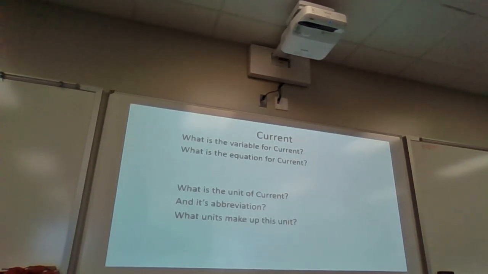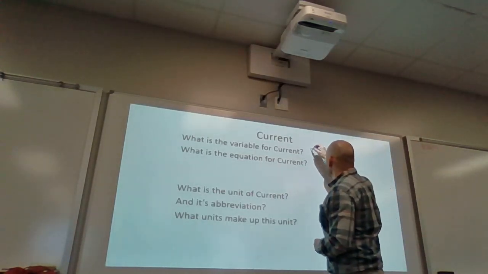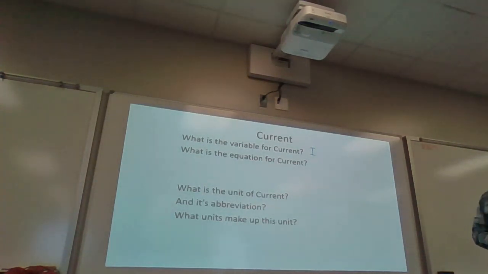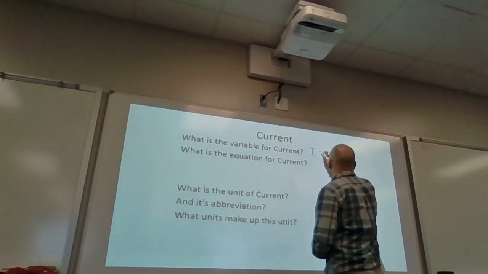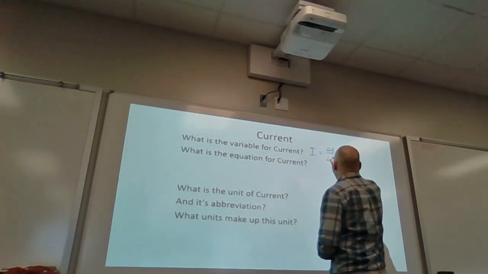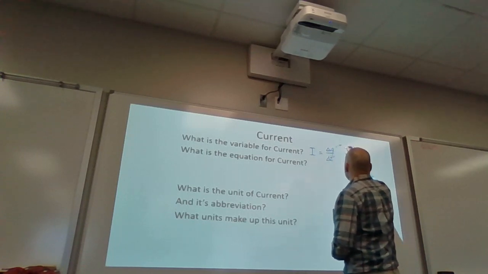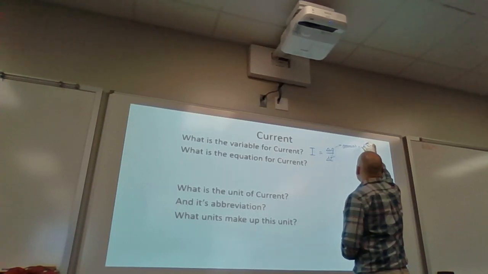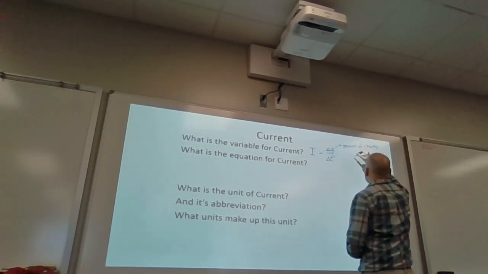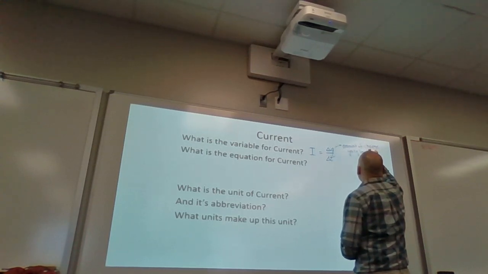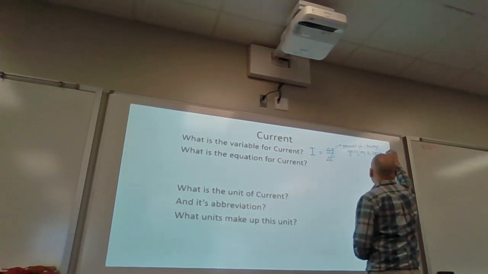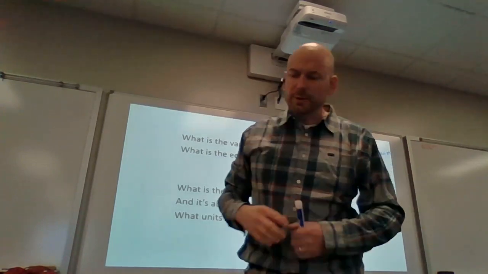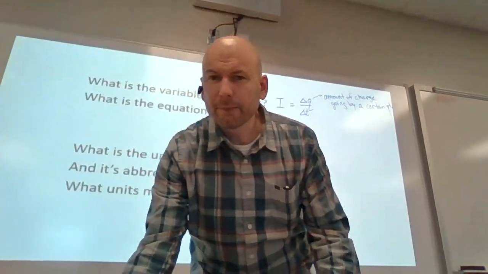Current, the variable for that, kind of wacky, is a capital I. And the equation for current is delta Q over delta T. The amount of charge, delta Q, is the amount of charge going by a certain point.